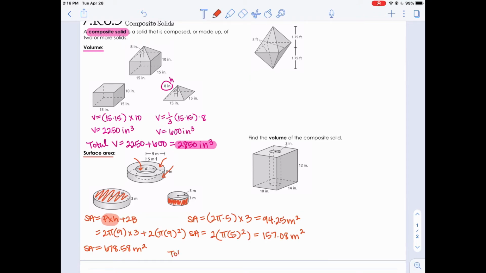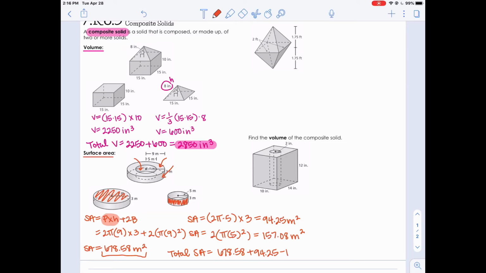But we want to find the total surface area for our shape. So what we want to do is take the full one over here, 678.58. We want to add on the outside ring, which is this 94.25. But at the same time, we want to subtract the top and bottom small circles.